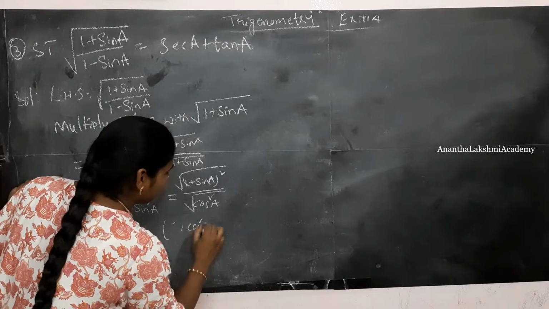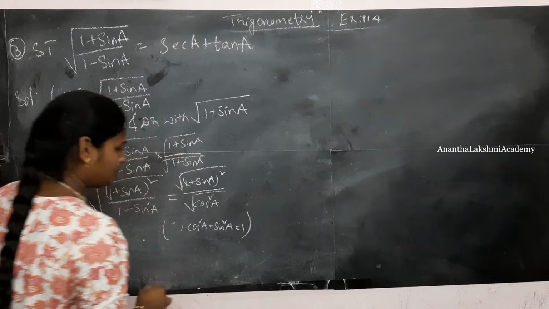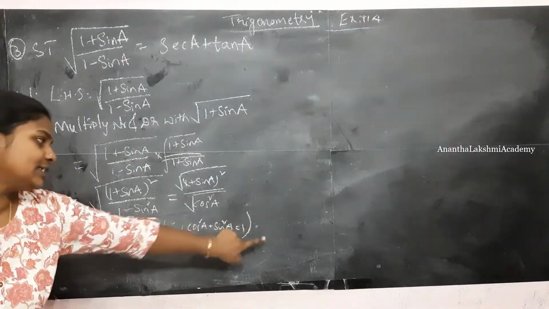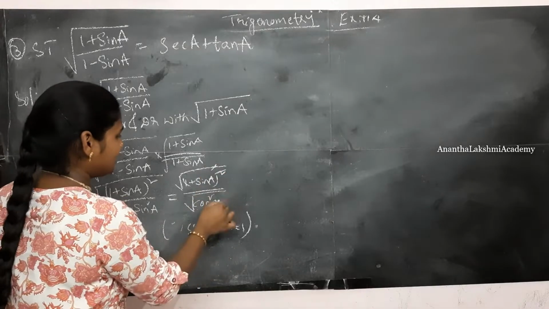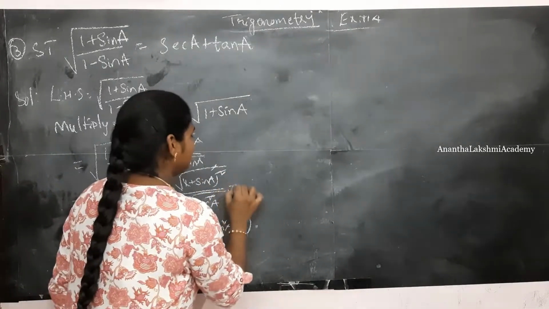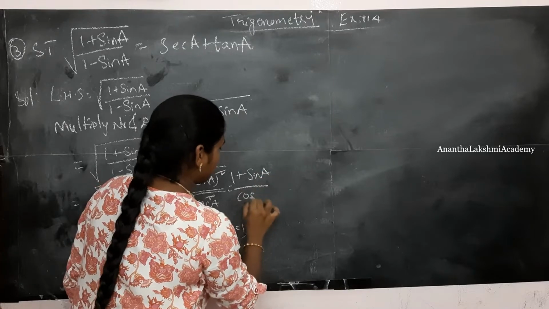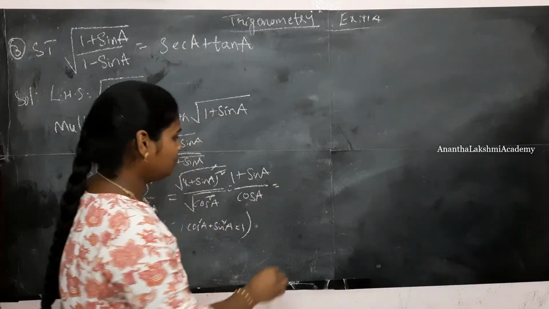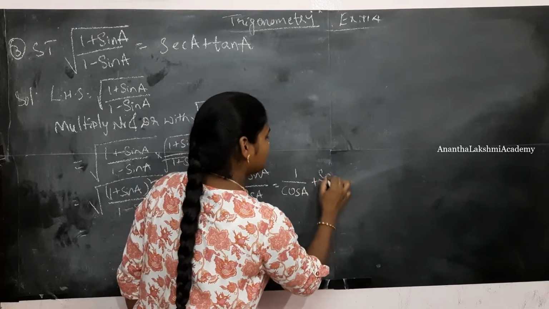Cos square A plus sine square A is equal to 1. And hence 1 minus sine square A, if that sine goes that side, it becomes cos square A. This and this gets cancelled. 1 plus sine A by cos A is equal to 1 by cos A plus sine A by cos A.